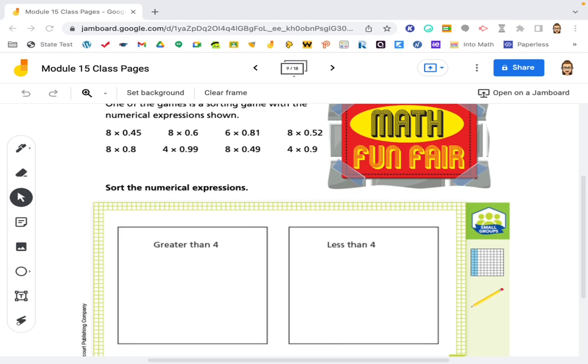If it's greater than a half, it's going to be greater than 4. Starting with the first one, 8 times 45 hundredths, that is going to be less than 4. 8 times 6 tenths: 6 tenths is greater than a half, so it is going to be greater than 4.